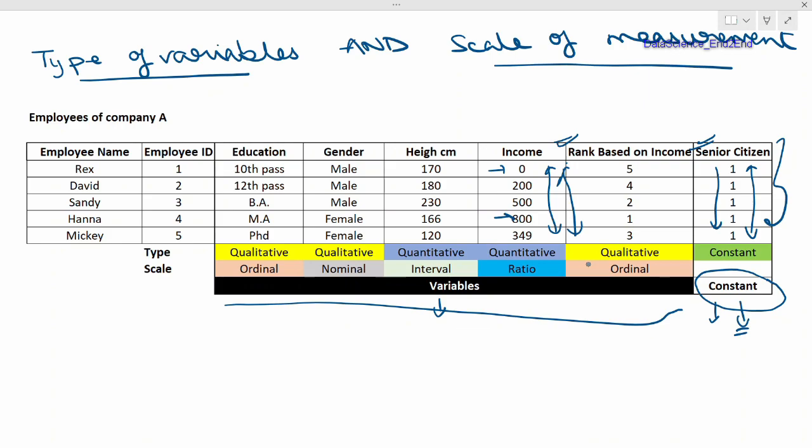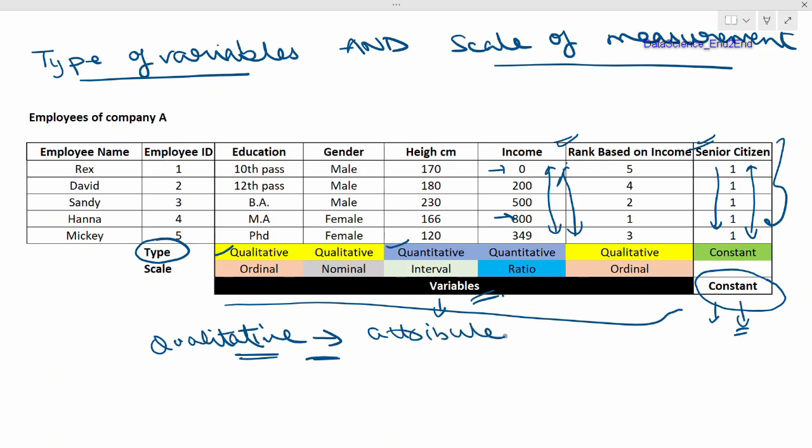Now if we are clear with the difference between variables and constants, let's first focus on variables only. There are two different types of variables. First one is qualitative and second one is quantitative. As the name suggests, qualitative variables are those variables in which you are telling some kind of attribute or characteristic about our employees, and you are creating categories for our employees.